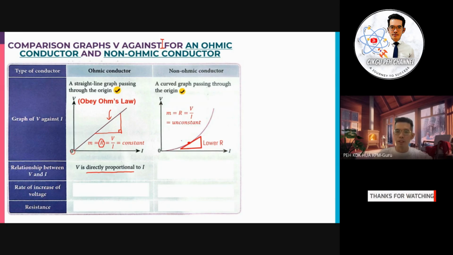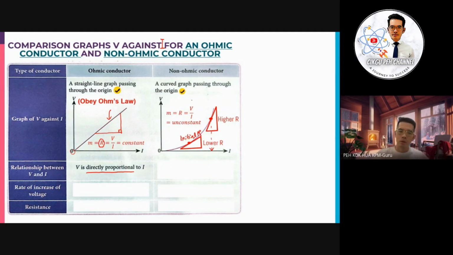This is the initial resistance, where the resistance is actually lower. You can calculate the gradient at each point, and you can see that as I increases, the resistance becomes higher.